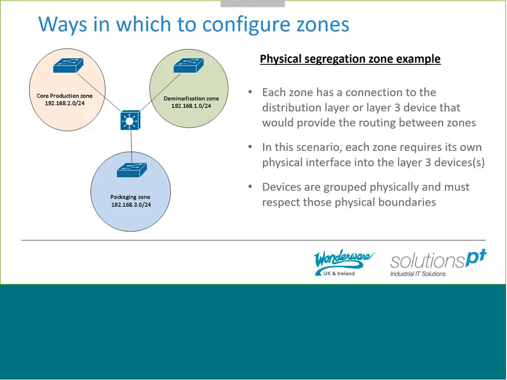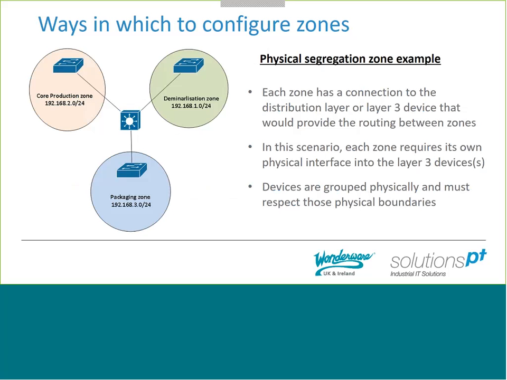So say for instance you've got some legacy devices, it might be machines on XP or something, there aren't the latest update patches for them. So I'm guessing that they're high security. So try and group those together, that's the best way of doing it. So we've got the layer 3 device in the middle, and then you've got these lines branching out into each zone, and that's going to handle the routing of the traffic.